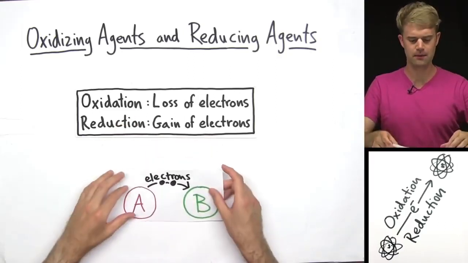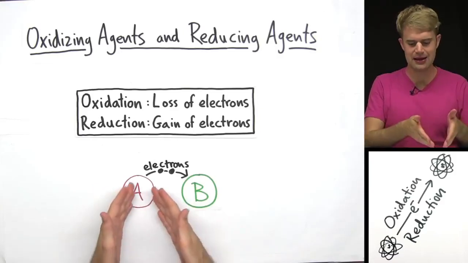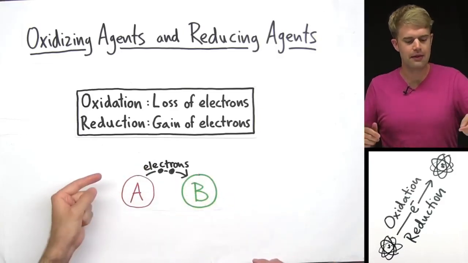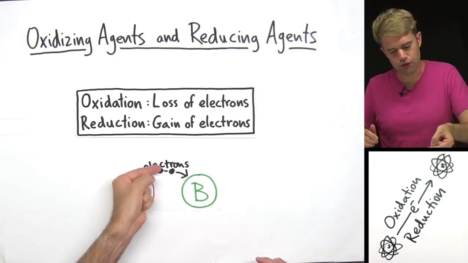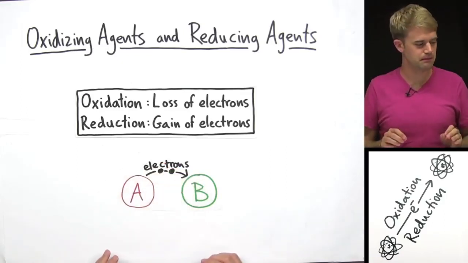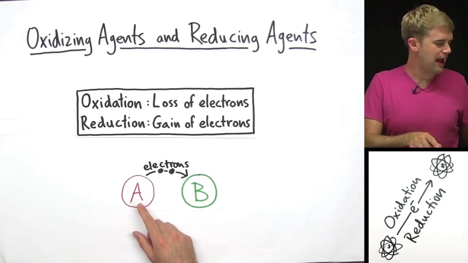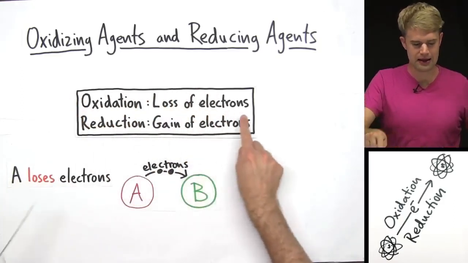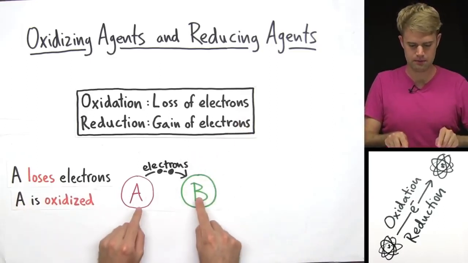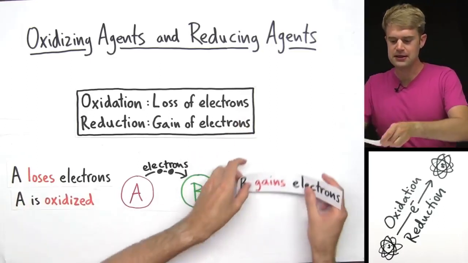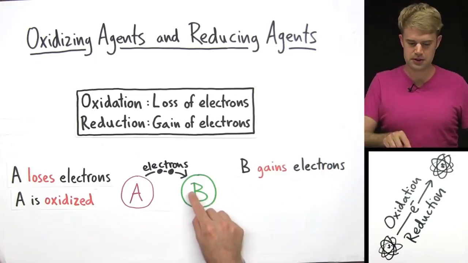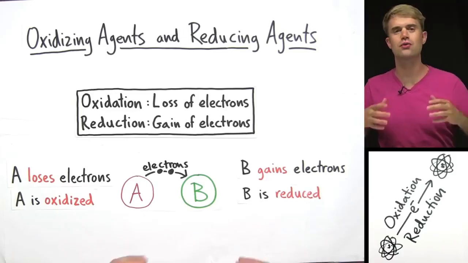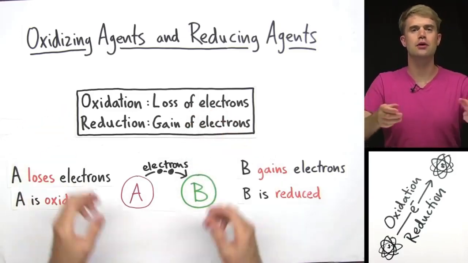I got a diagram here, and we've got two things, A and B. Maybe they're atoms, maybe they're compounds, and there are electrons moving from A to B. Okay, so A here is losing electrons, which means that A is being oxidized. B over here is gaining electrons, which means that B is being reduced. Okay, so that's oxidation and reduction.